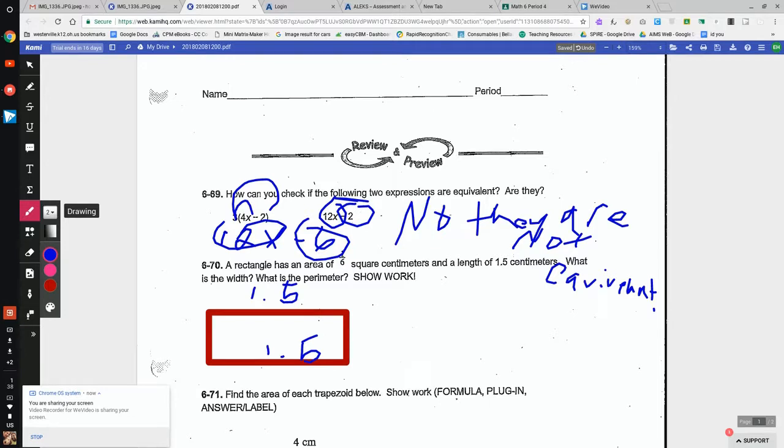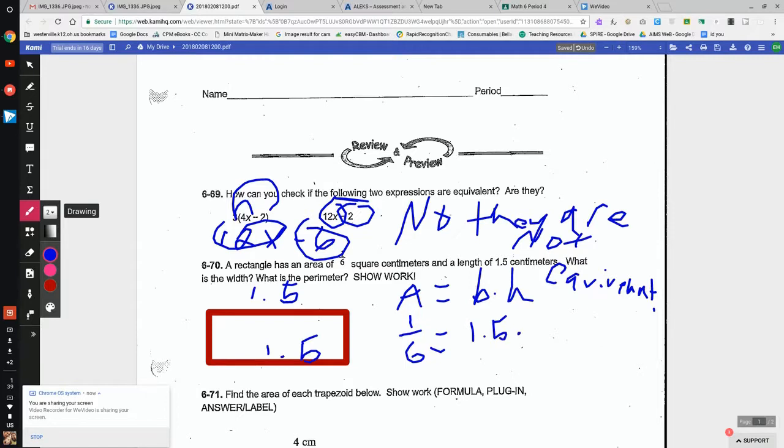To find the area, which is 1/6, would be multiplying the length times the width. So right there, I already know area equals base times height, or length times width. I'll just use base times height. If I know the area is 1/6, then I know my base, which is the same as my length, is 1.5.